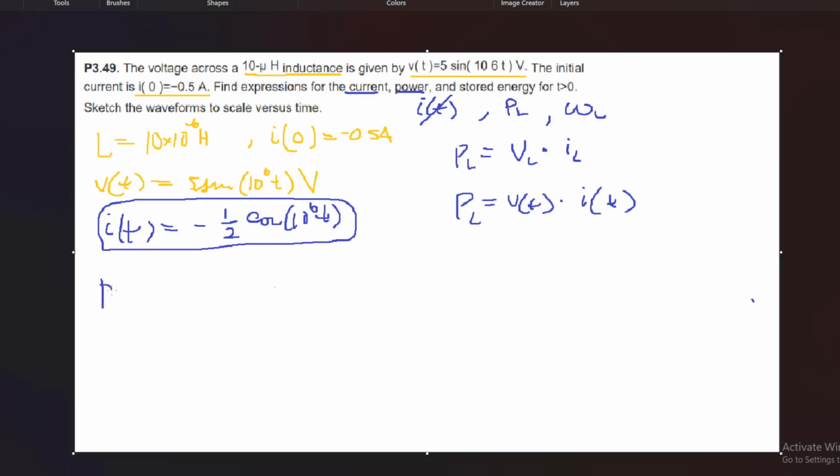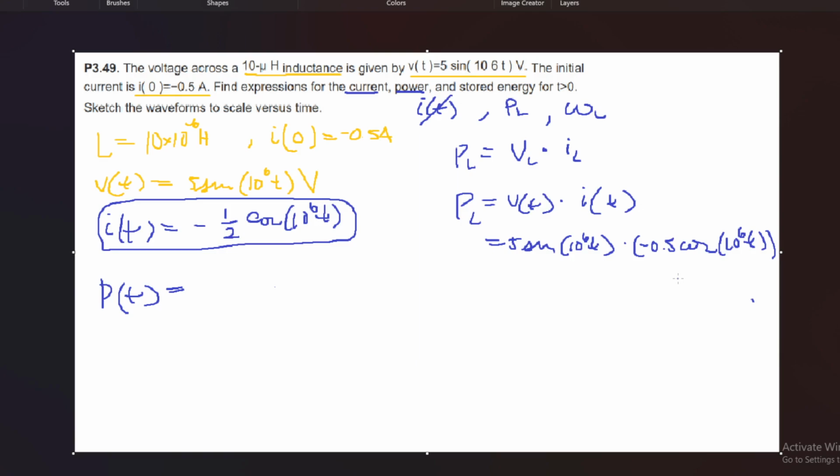And then when we solve for the power and multiply these two, let's just write it out here. We have 5 sine 10 to the 6t multiplied by negative 0.5 cosine 10 to the 6t.